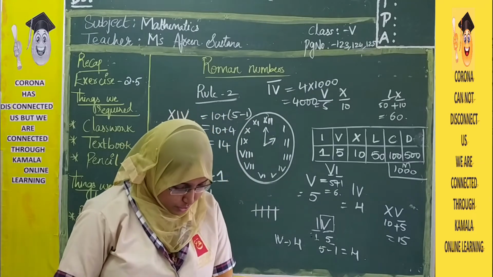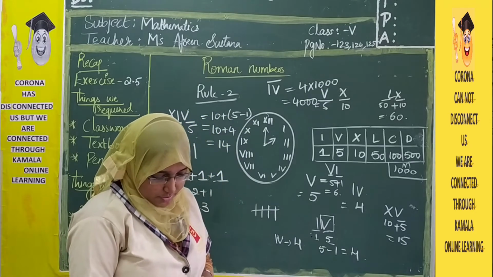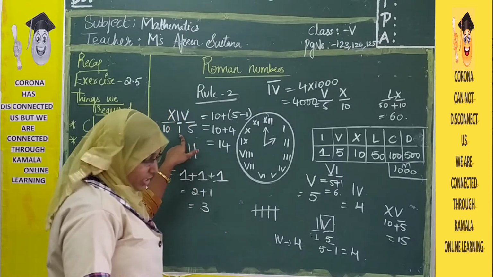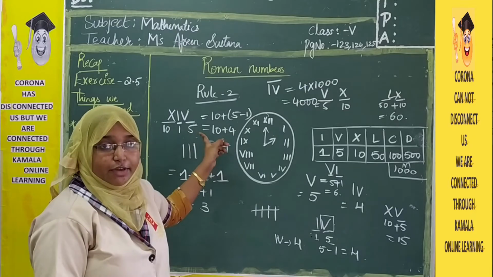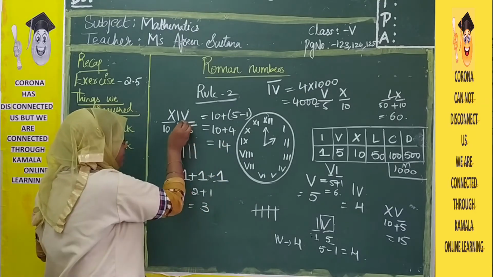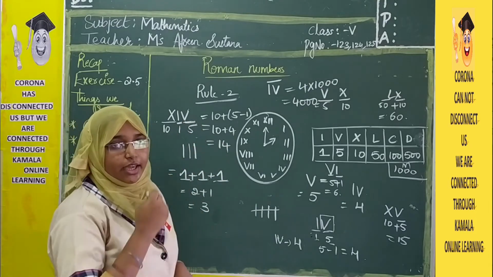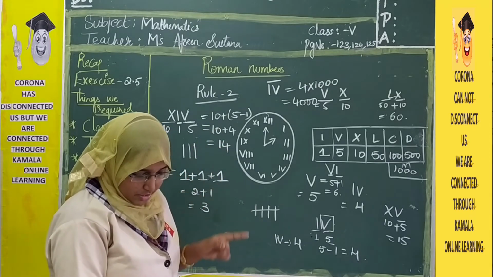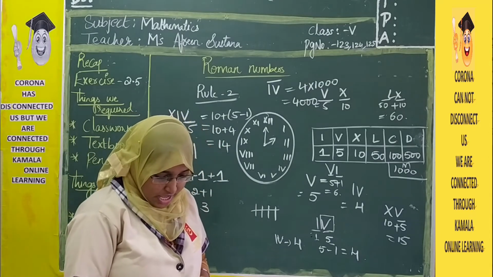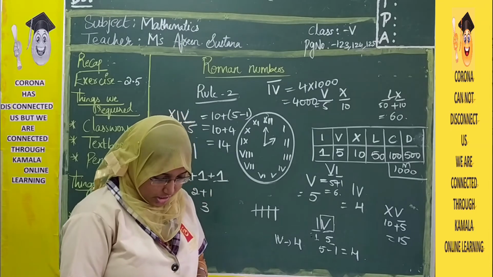Next, rule number 4. If a smaller numeral is placed between two greater numerals, it is always subtracted from the numeral immediately following it. So example is here, 14. See, here one more example they have given, 90 and 114. Rule 5.